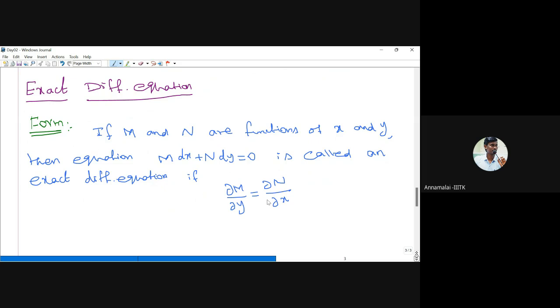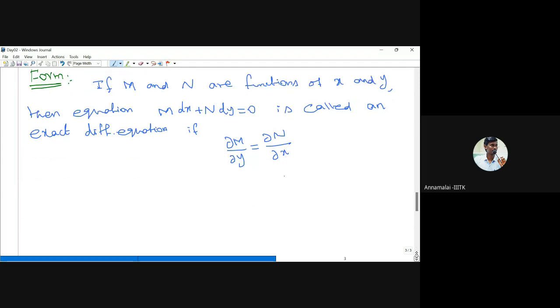Now once the equation is exact, how to find the solution? First you have to check whether the equation is exact or not, so you have to check this condition. What is the working rule to find the solution of this equation?